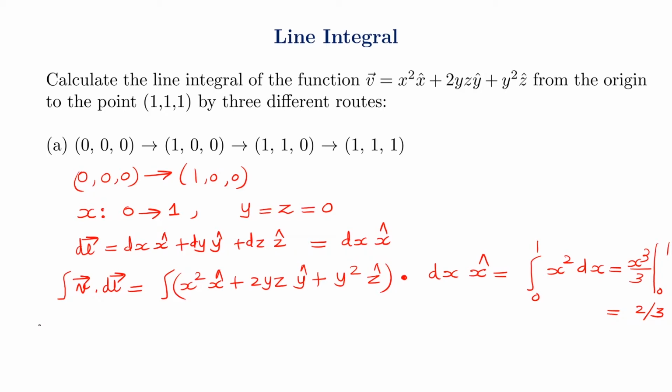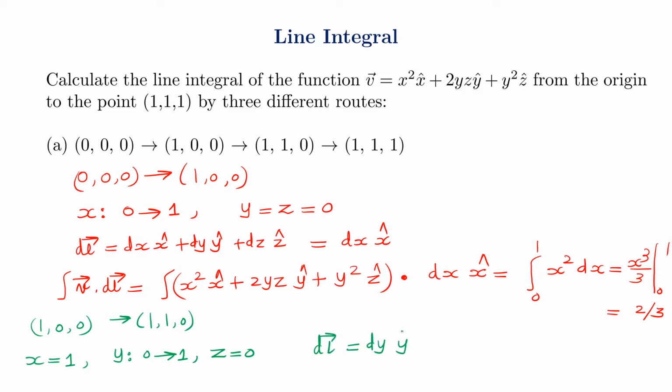Now let's calculate the value of the line integral in going from 1, 0, 0 to 1, 1, 0. In this case, x is equal to 1, the value of y changes from 0 to 1 and the value of z is equal to 0, which gives us dl equal to dy times y hat.